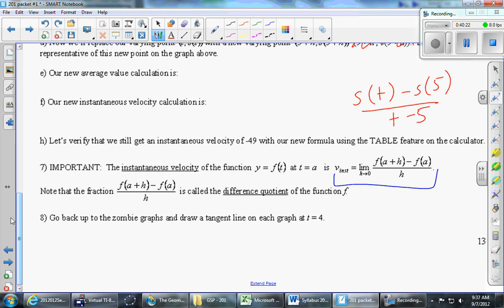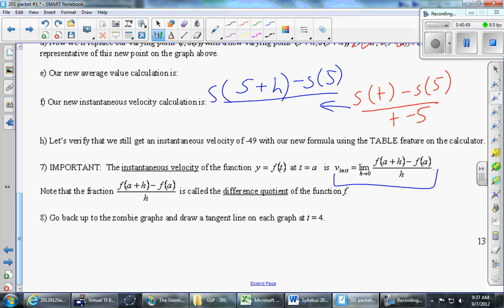So upstairs, things change a little bit. It's not that anymore. Instead of t, we have something like 5 plus h. Go a little bit away from 5, but then go ahead and subtract off the s of 5, just like we did before. That's what goes upstairs. What goes downstairs? It used to be you just subtracted the two numbers in the parentheses. It's still that.